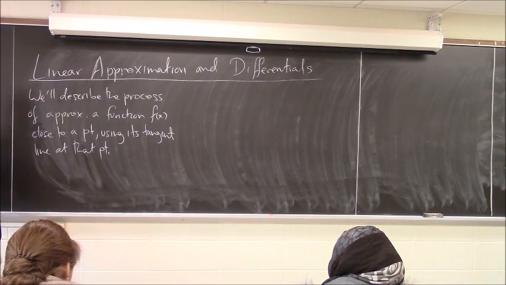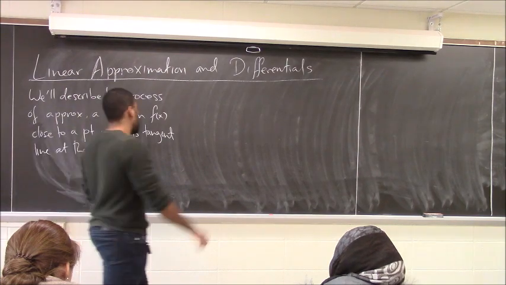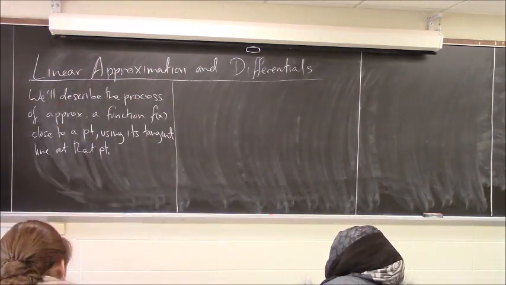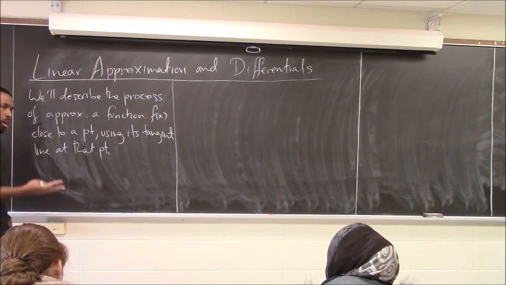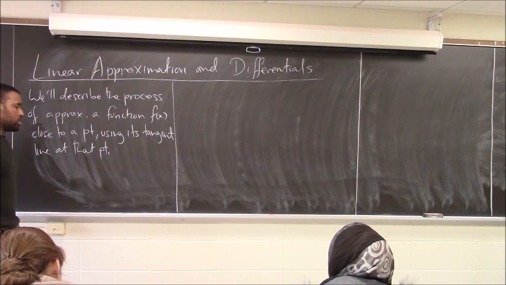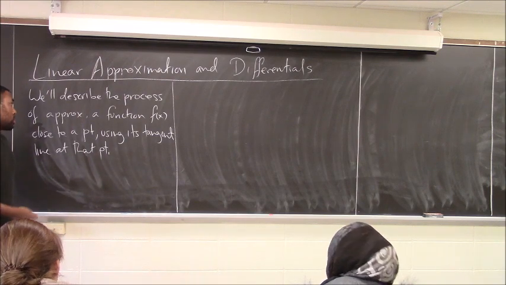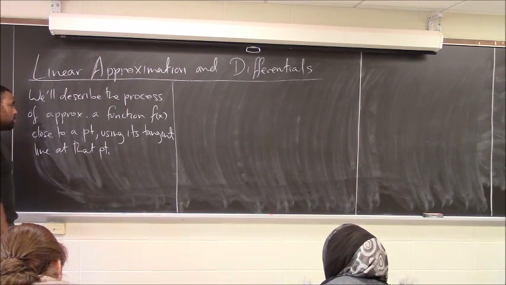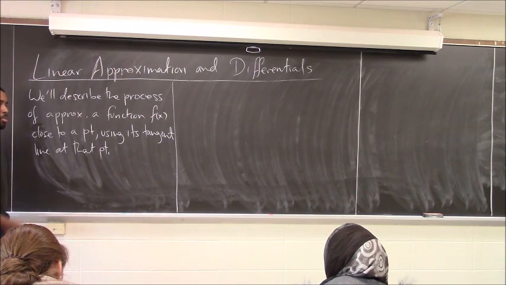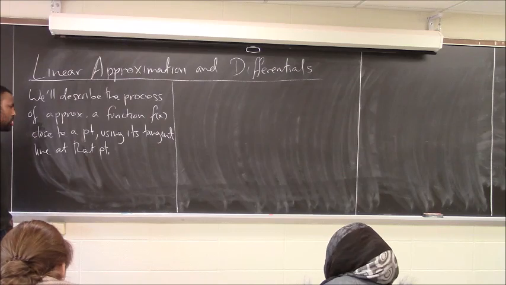The idea being, sometimes you'll have functions that are really very complicated to deal with. If we want to talk about the function at a certain location where it's very difficult to deal with, and even more, we want to talk about the rate of change of this function at that point, what is the slope, how fast are things changing, but the function itself is kind of troublesome to deal with.